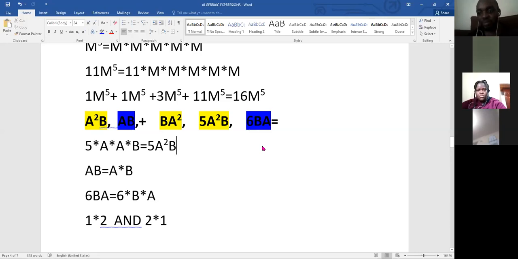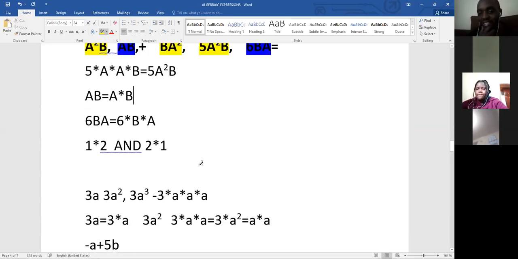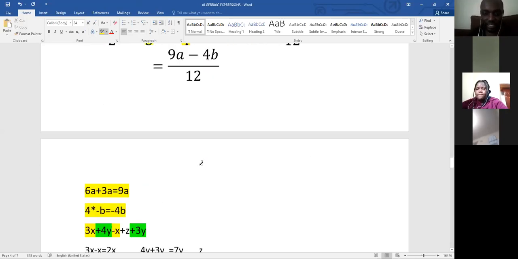So if they are like terms, you can add them, you can subtract them, but multiplication can happen even for unlike terms. So for like terms, you can add and subtract. That is what makes them like or unlike terms. So that is the second thing that we looked at.